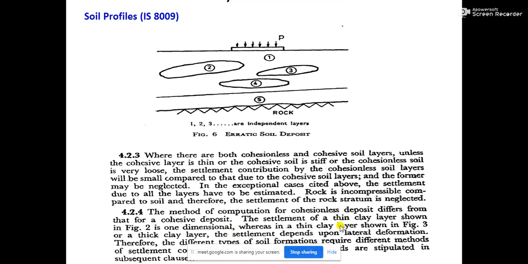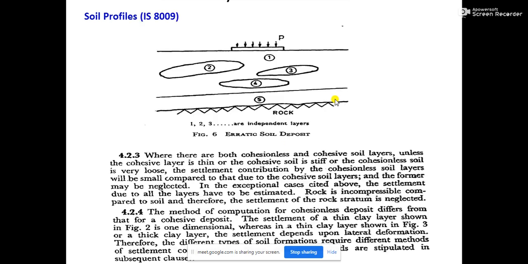Whereas in a thin clay layer in case of figure 3, or a thick clay layer in case of figure 4, the settlement depends upon lateral deformation, as I have explained, because in these cases the water will not find any path in the vertical direction, either upward or downward, for escaping the pore water pressure.